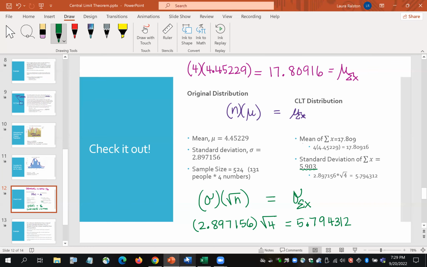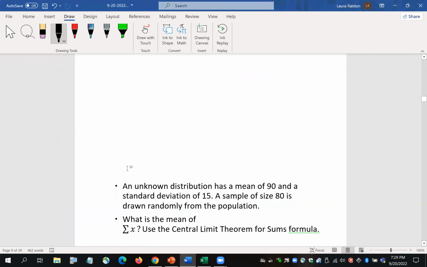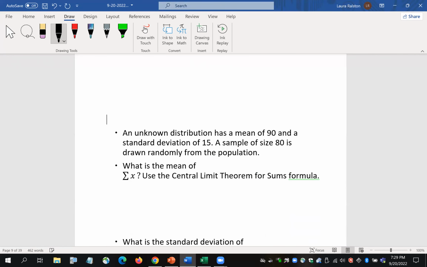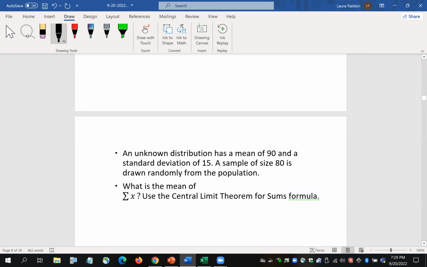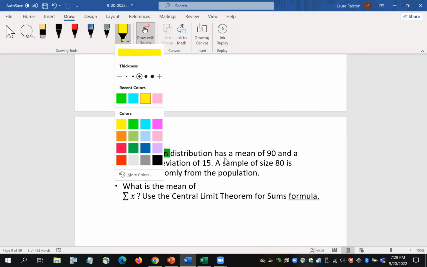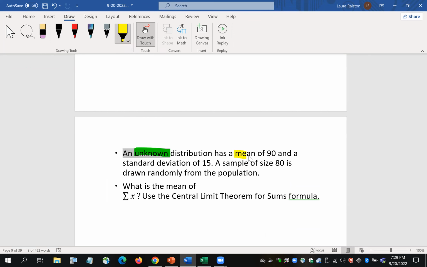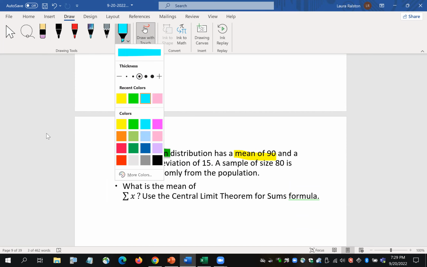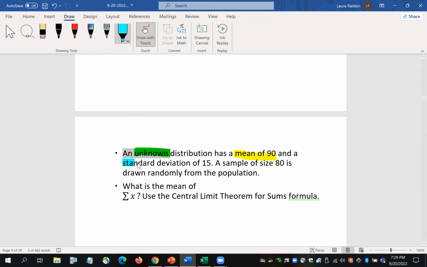So let's look at this example. Again, notice how this is worded. It says an unknown distribution has a mean of 90 and a standard deviation of 15.